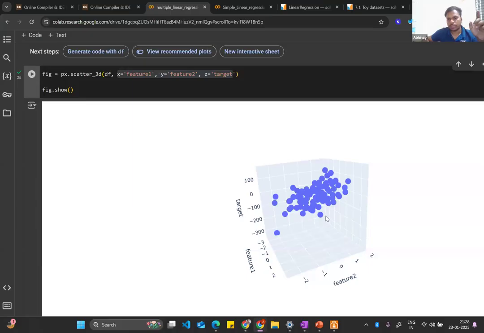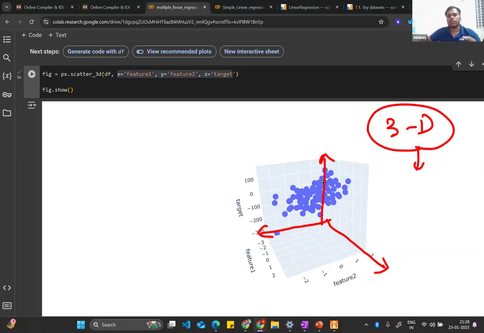So x, y, and z, your 3D data set. This is the way we draw the 3D points.